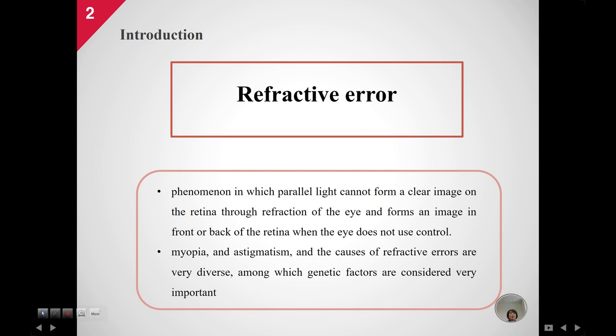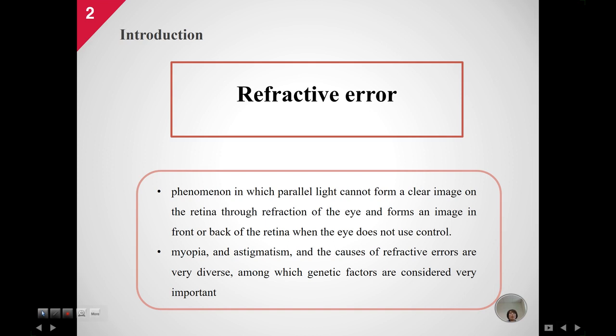Refractive error is a phenomenon in which parallel light cannot form a clear image on the retina through the refraction of the eye and forms an image in front of or behind the retina when the eye does not use accommodation.